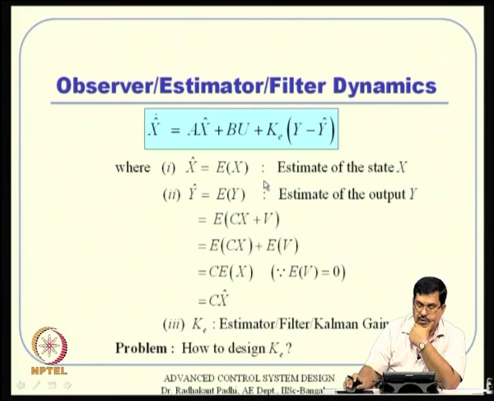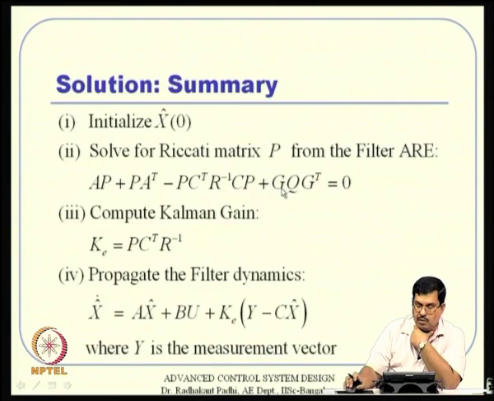The gain we are talking about here, the Kalman gain, can be computed like this: P C transpose R inverse. After we compute this, then x hat dot is nothing but A x hat plus B u plus K times y minus C x hat actually.